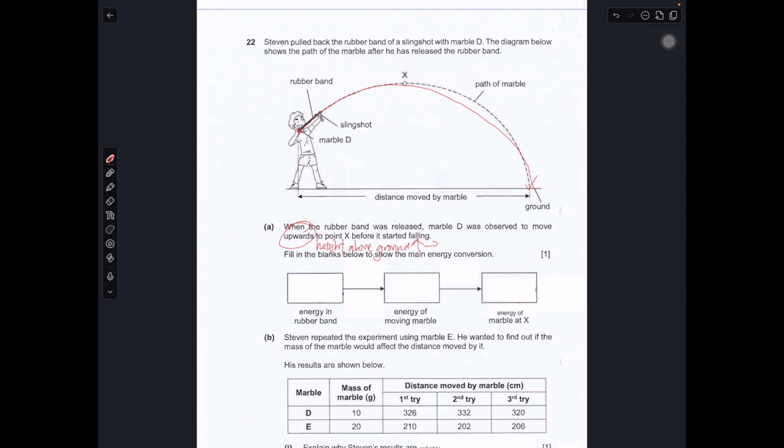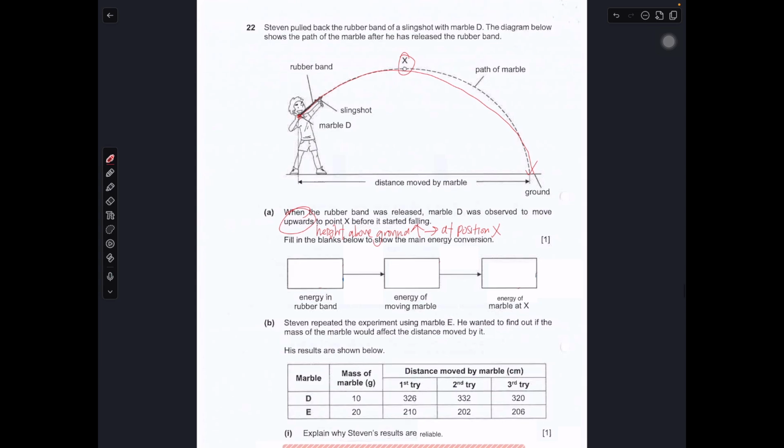This happened at position X, which is here. Fill in the blank to show the main energy conversion. So the energy in the rubber band, they tell you specifically rubber band, must be elastic potential.